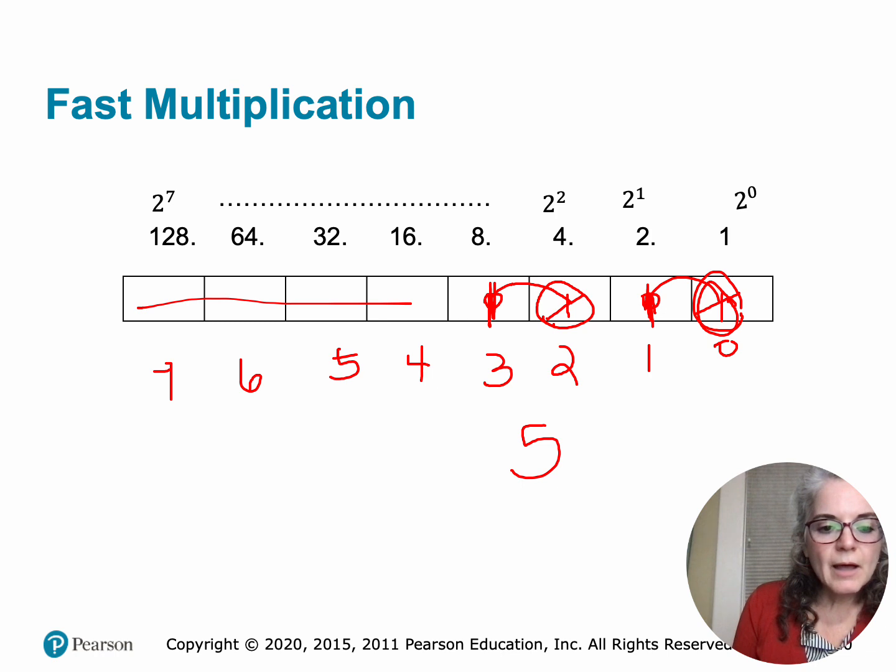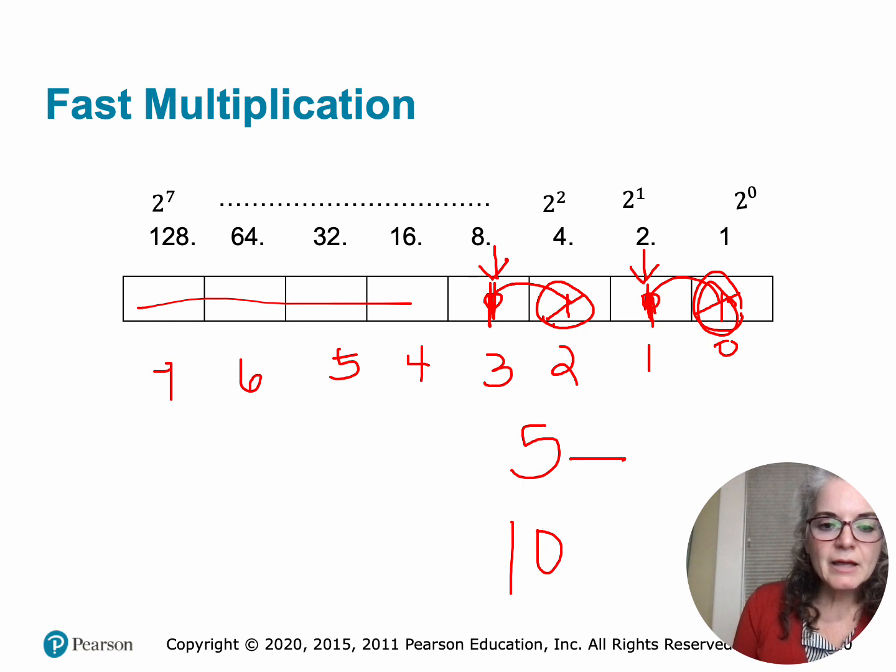So this is worth 2, and bit 3 is worth 8, so 8 plus 2 is 10. So by shifting 1 to the left, I have taken my 5 and doubled it, or multiplied it times 2. So anytime you shift to the left, you're doing a fast multiplication, you're doubling your number.